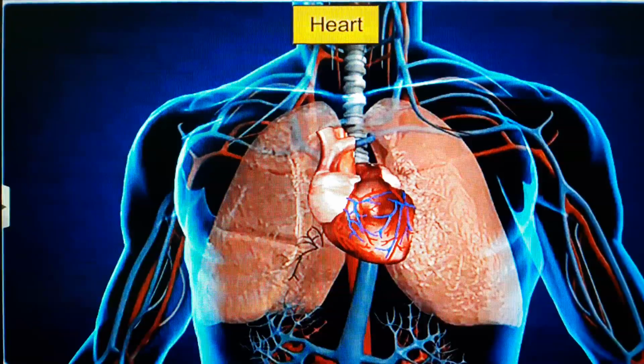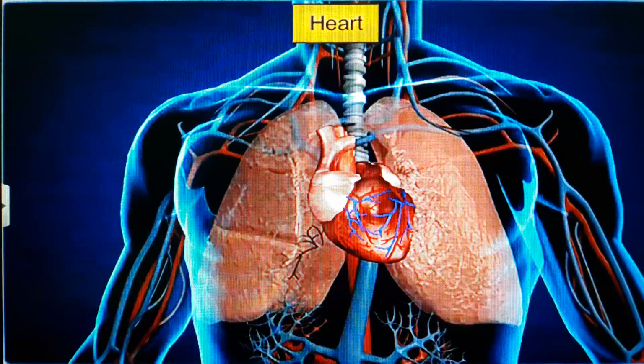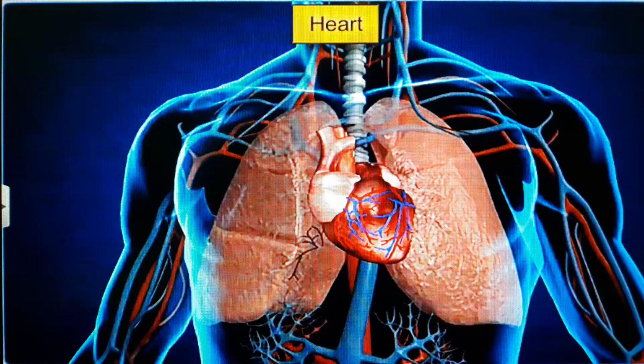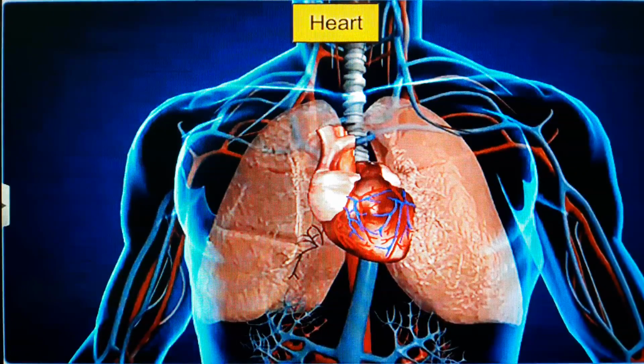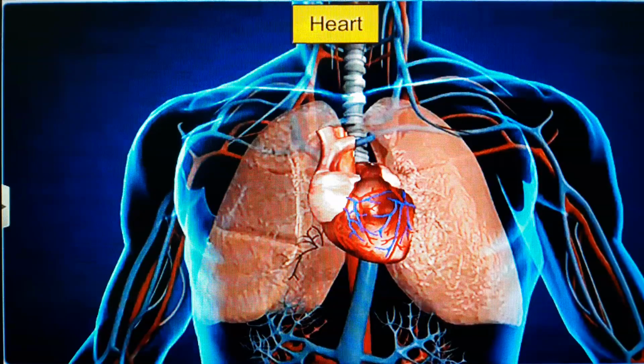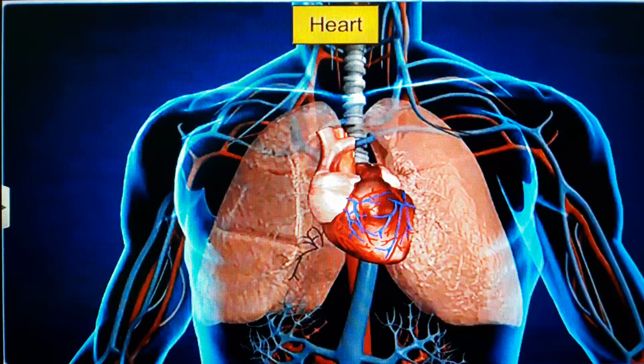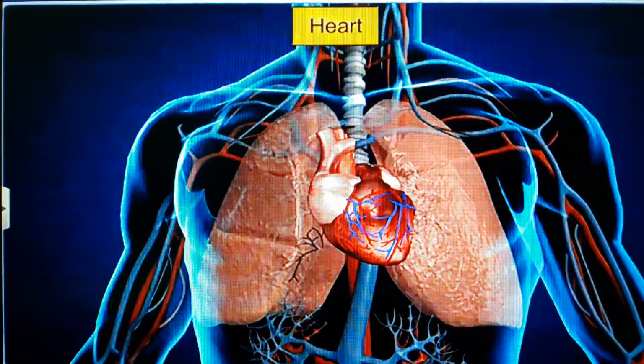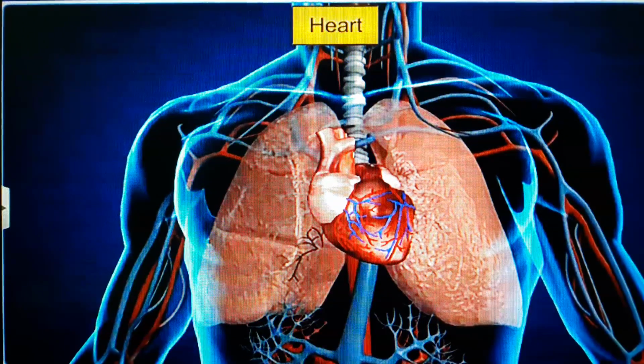The heart is situated almost in the midline in the thoracic cavity between the lungs. Its lower conical part is tilted to the left. The heart is enclosed in the bony thoracic cage formed by the backbone, ribs, breastbone, and diaphragm.